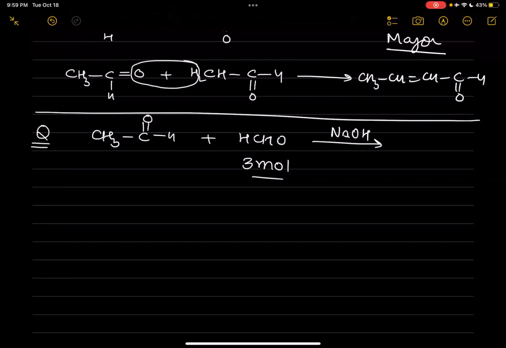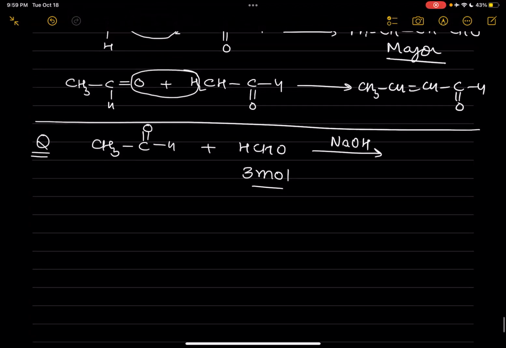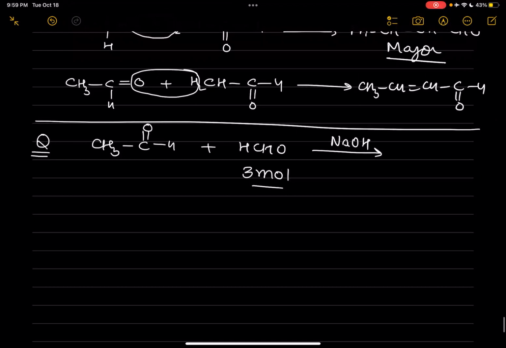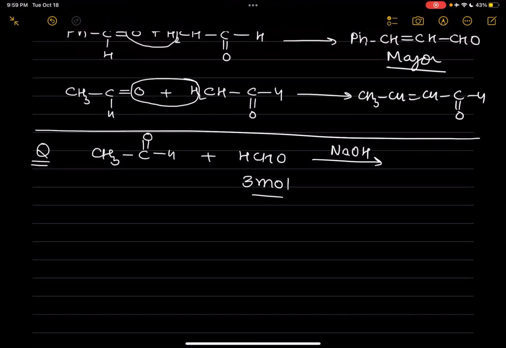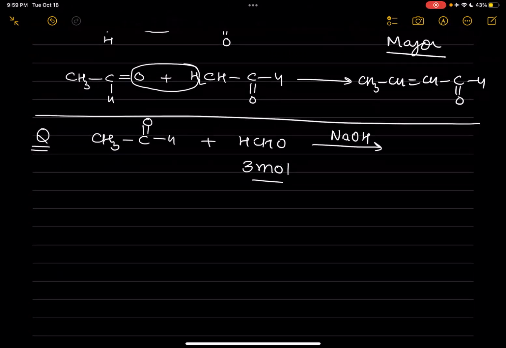Heat is not given. So first try it with 1 mole. 1 mole of acetaldehyde and 1 mole of formaldehyde. So think a little bit of the mechanism.